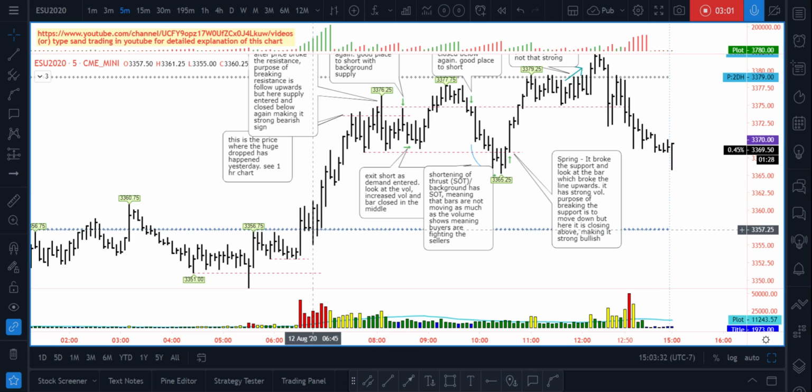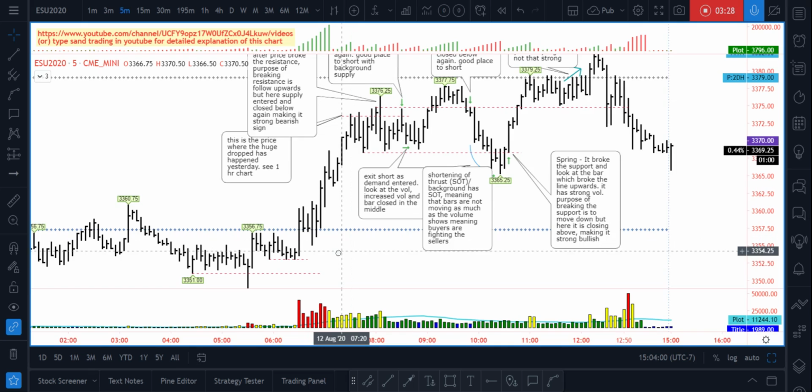The reason you take a long here is not just because it broke the resistance and then had a big pullback, but because it has all the strong bullish characteristics on the backside: a spring, strong demand bars, buying bars, and the support is above the main support, holding at this level, then broke with strong volume. So this is a perfect place where you can take a long.